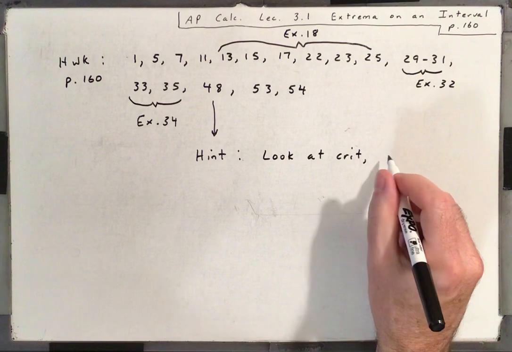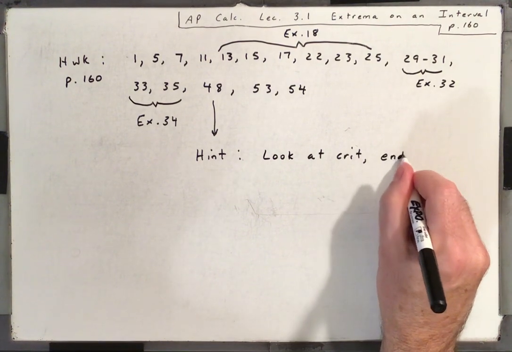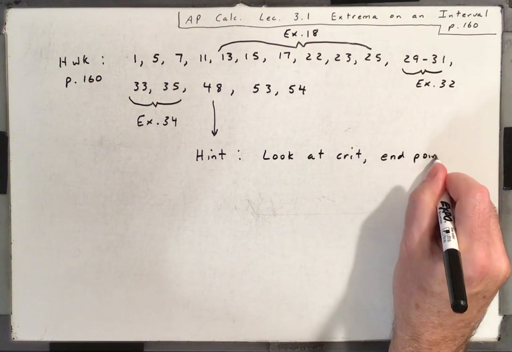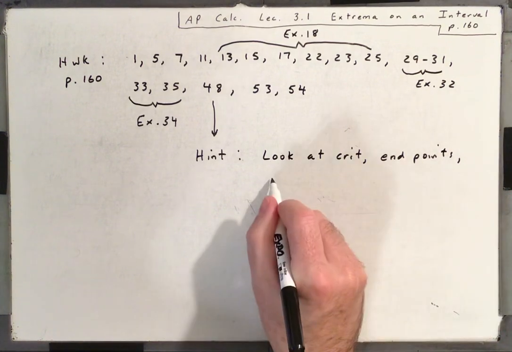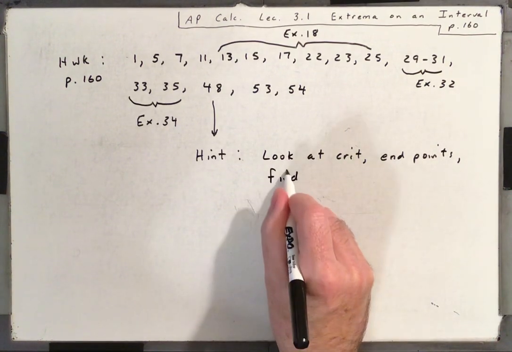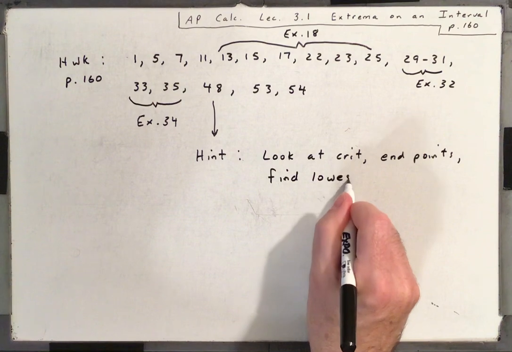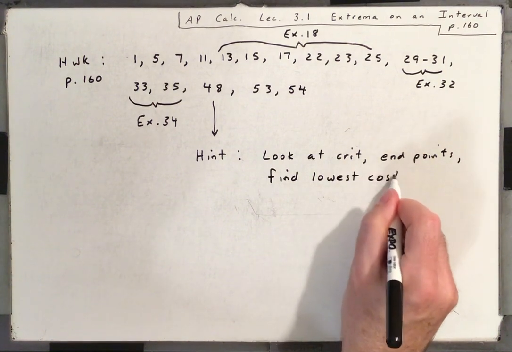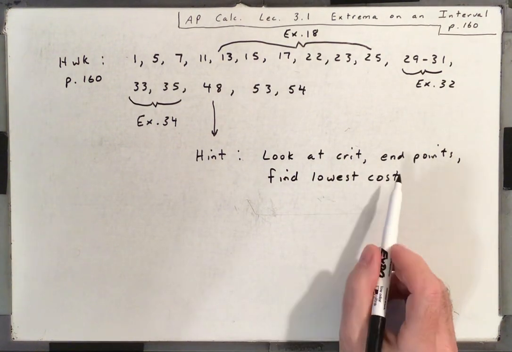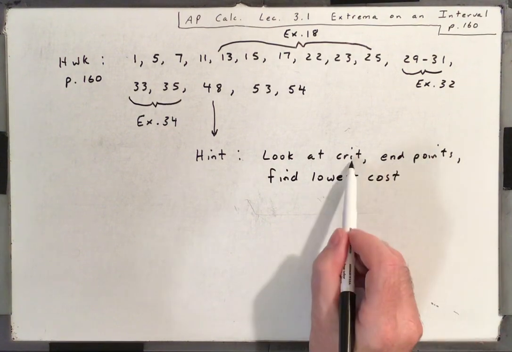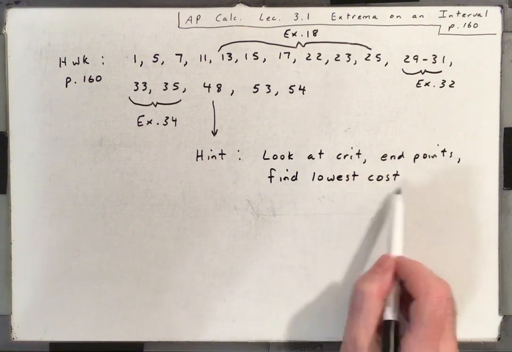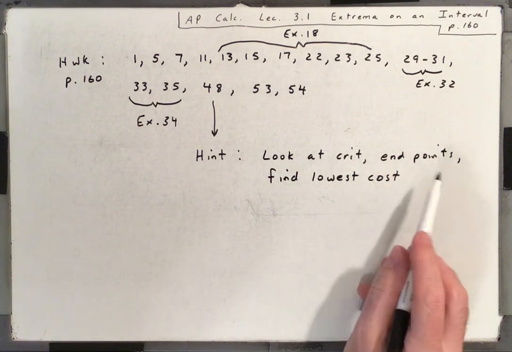Look at the endpoints. And then find lowest cost. So you'll be looking for a minimum. So you have to evaluate the endpoints and the critical points on the interval, and then you can find what the lowest cost is on that.